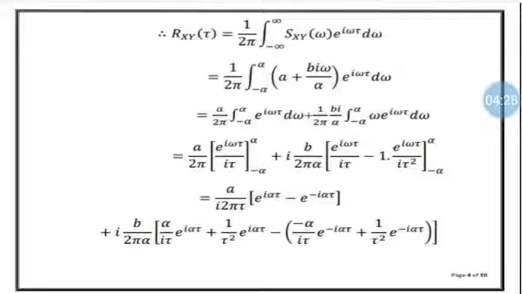Integrating the first term, a by 2 pi into the integral of e power i omega tau is e power i omega tau by the coefficient of omega, which is i tau, divided by i tau, with limits minus a to a. The second term has constant i into b by 2 pi a, and we must integrate omega into e power i omega tau.